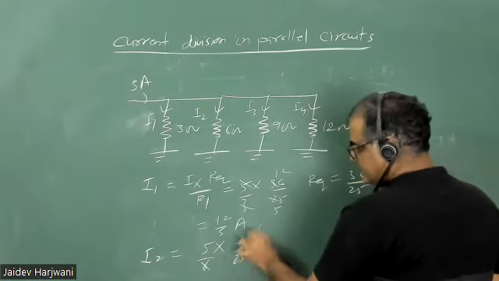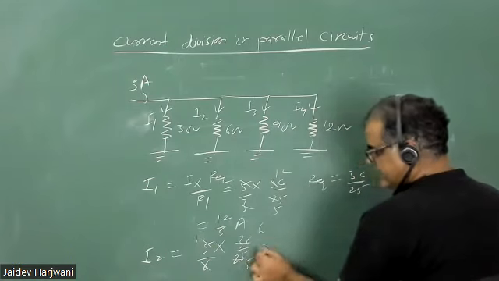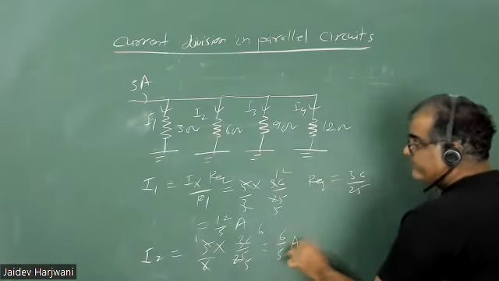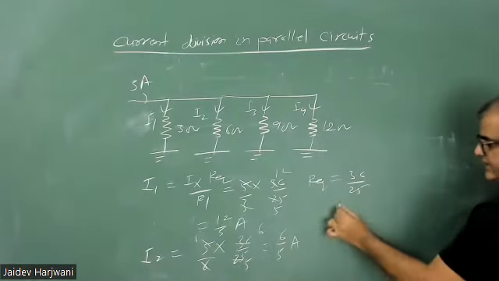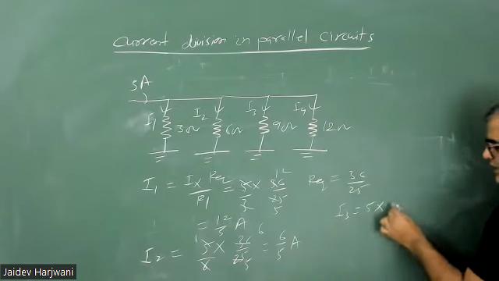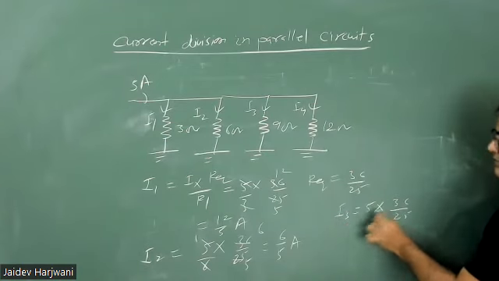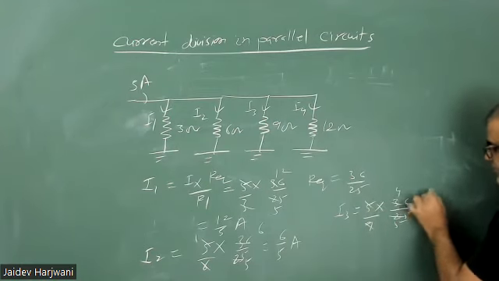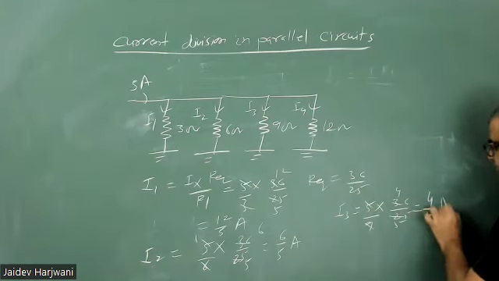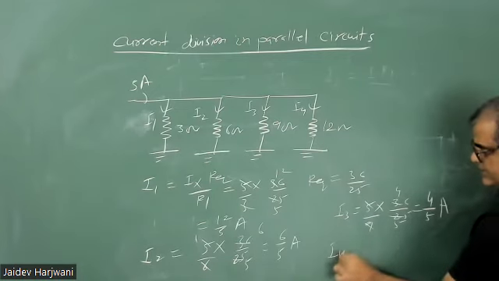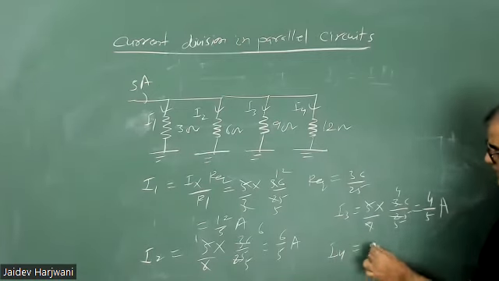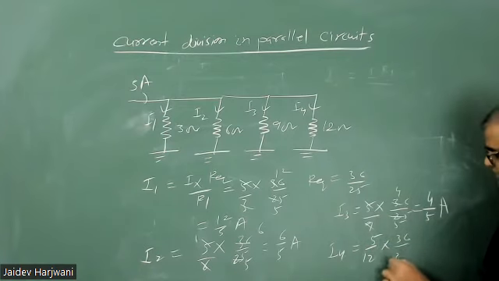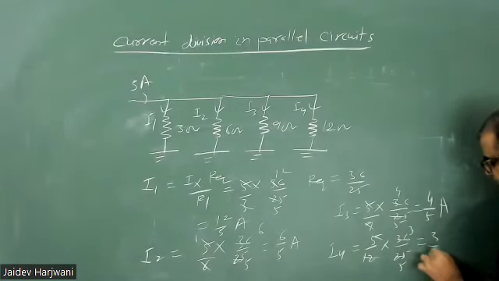So 6 cancels, and it is 6 by 5 ampere. Similarly, I3: total current 5, R equivalent 36 upon 25, and 9. So this is 4 by 5 ampere. I4 is equal to 3 by 5 ampere.